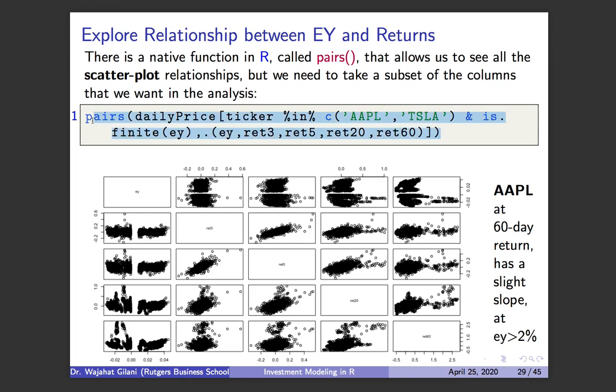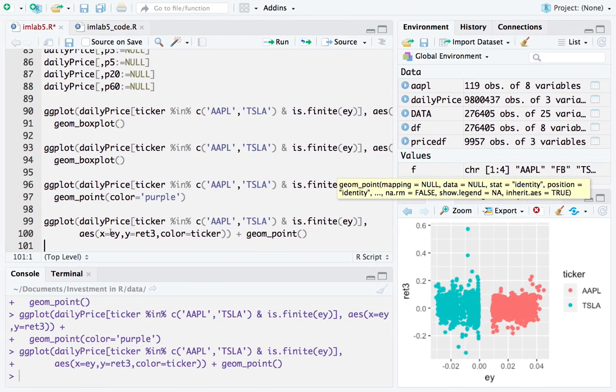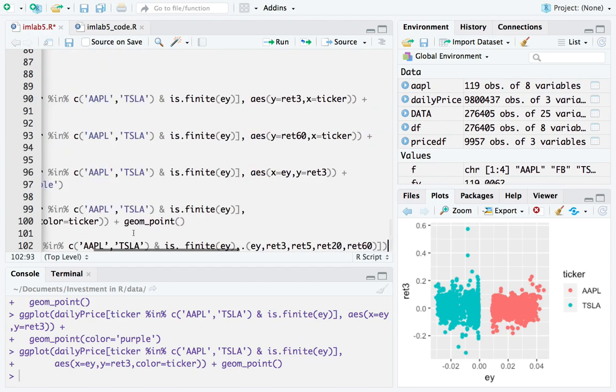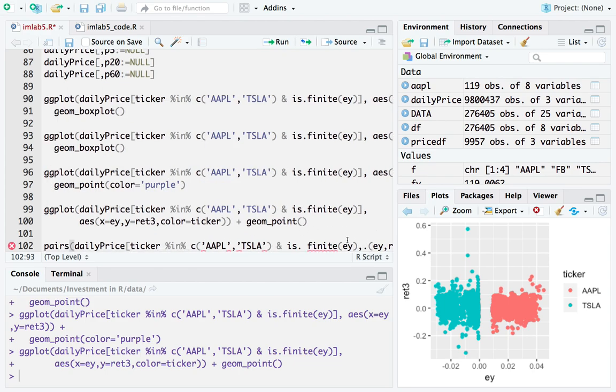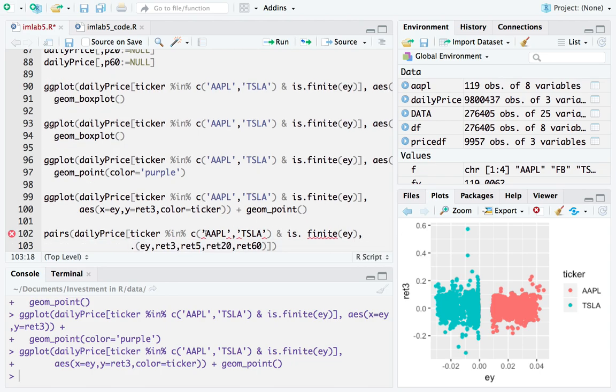So let me go ahead and copy this, and I'll use a pairs one. Obviously it's not as pretty as everything else, but it gets the job done. Let me just do enter so you guys can see it. And now you see right here, within pairs, by the way, in the daily price table, I'm now not just filtering the rows.